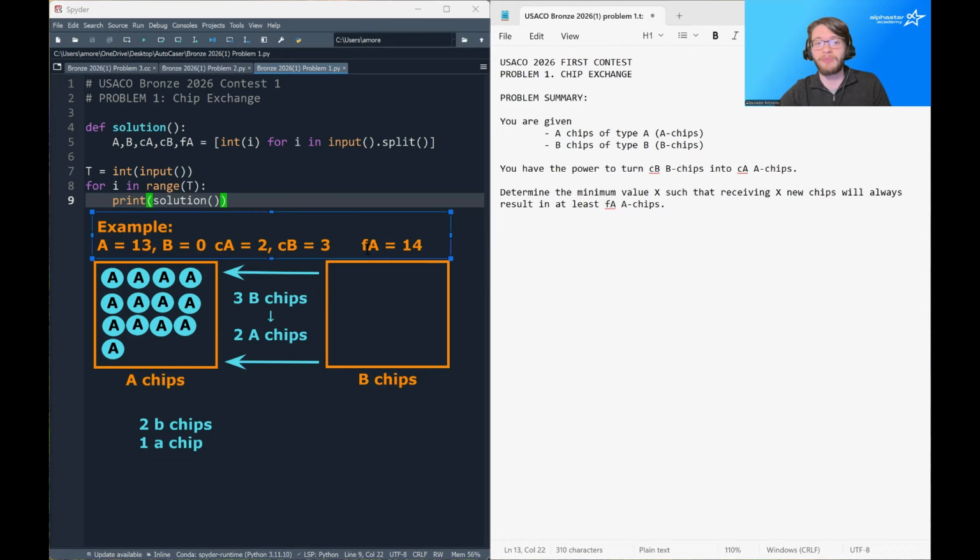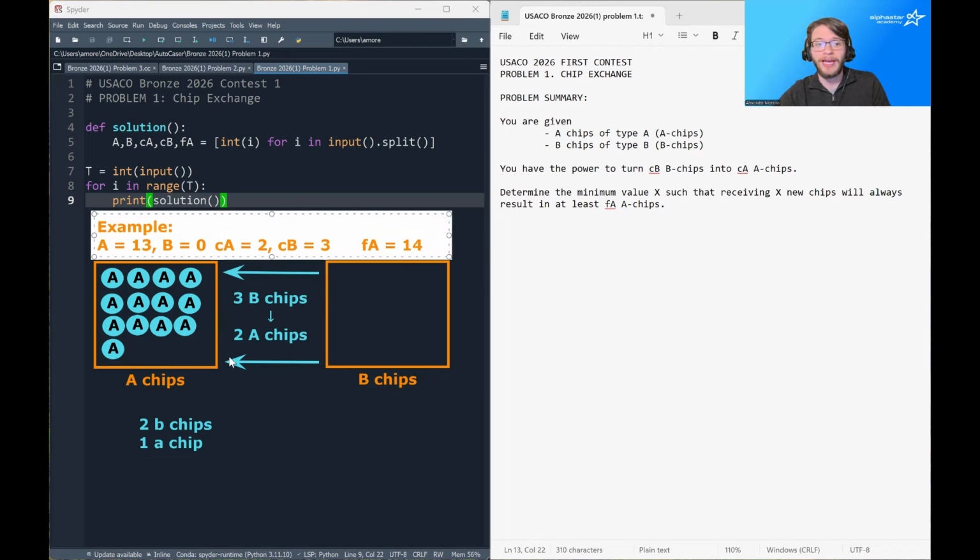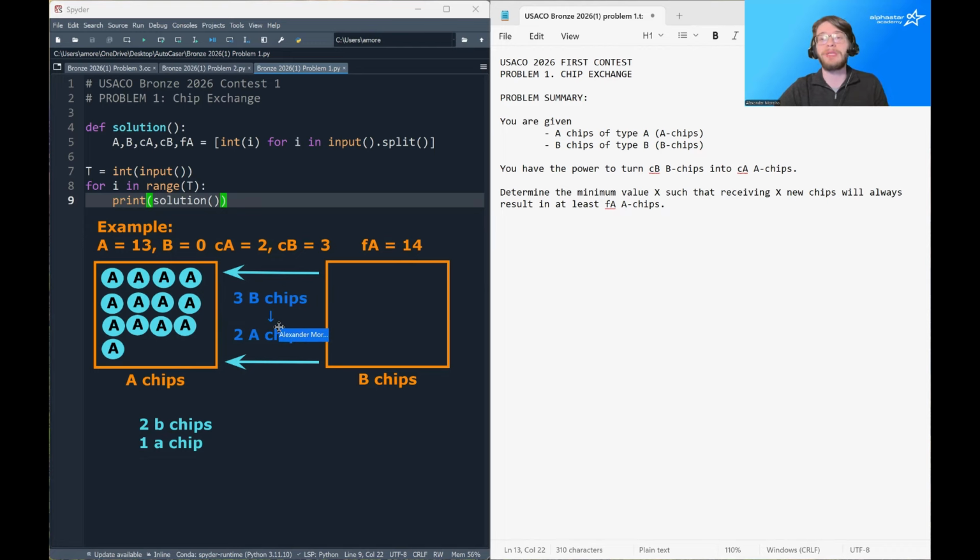It hasn't allowed me to reach my target. And the next copy of 3 B chips that I give to myself is going to boost me over that limit anyway, right? If I go from 12 to 14, I've reached the goal. If I go from 13 to 15, I've still reached the goal.